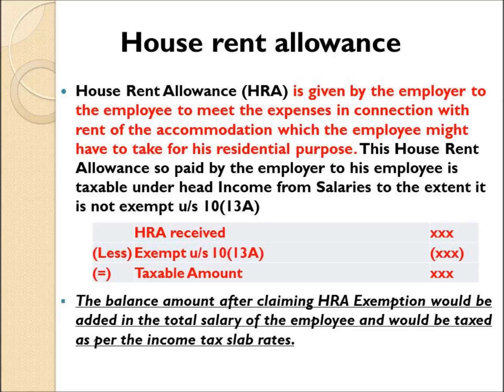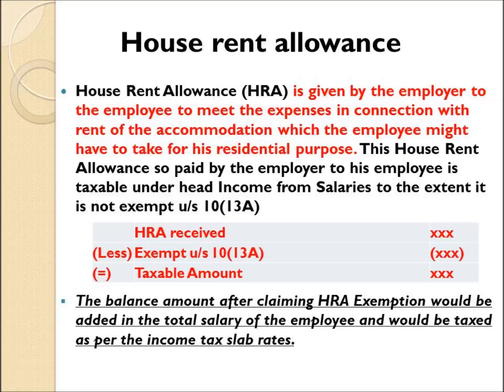And in today's class we'll study about this exemption under section 10 subsection 13A, how much HRA is exempted for different categories of employees. The balance amount after claiming HRA exemption would be added in the total salary of the employee and would be taxed as per the income tax slab rates.